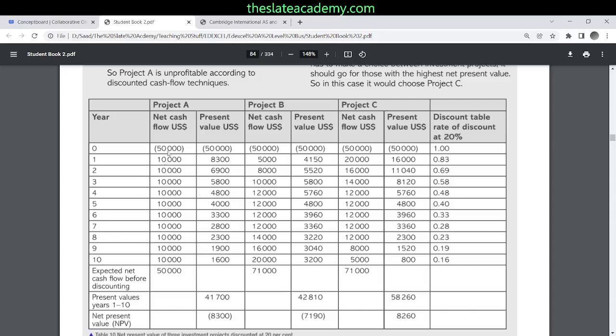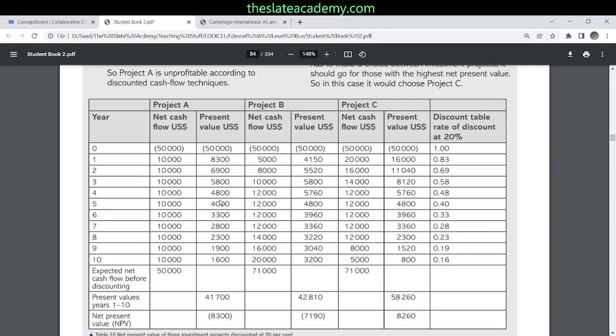What if, here I have this project A, these are the cash flows for project A, and these are the discounted cash flows for project A. What if I calculate the payback period for project A using these discounted cash flows? Would it solve that problem that time value of money is not accounted for? Yes, Mazen?